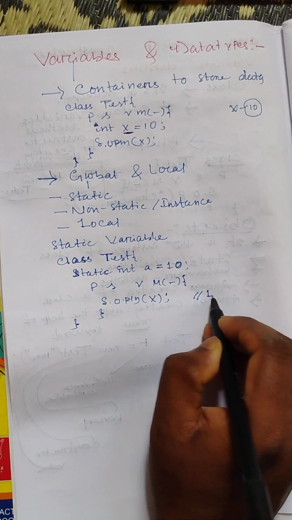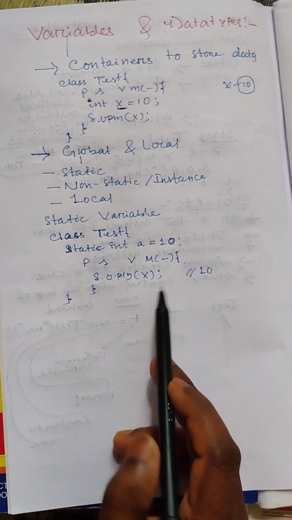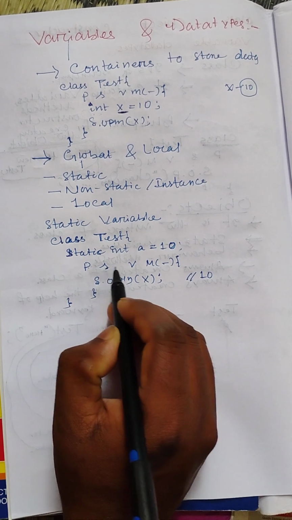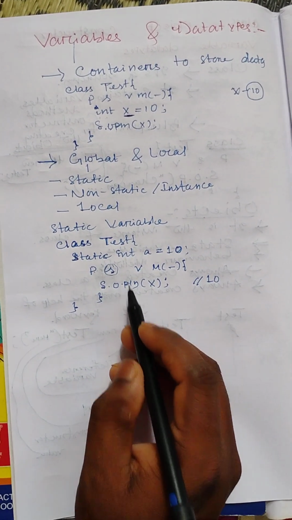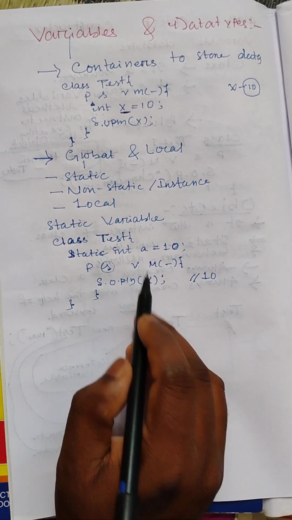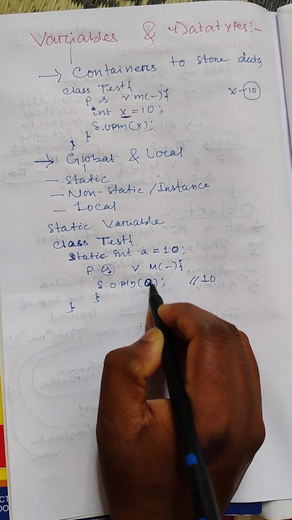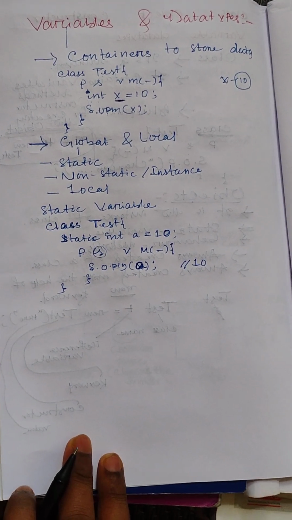Your output will be 10, because a static variable can be called inside a static method, public static void main, which also contains the static keyword. So I am calling it directly. A static variable can be called directly inside a static method.